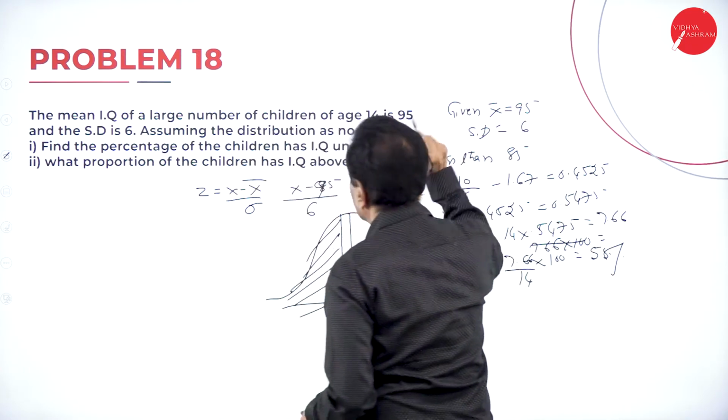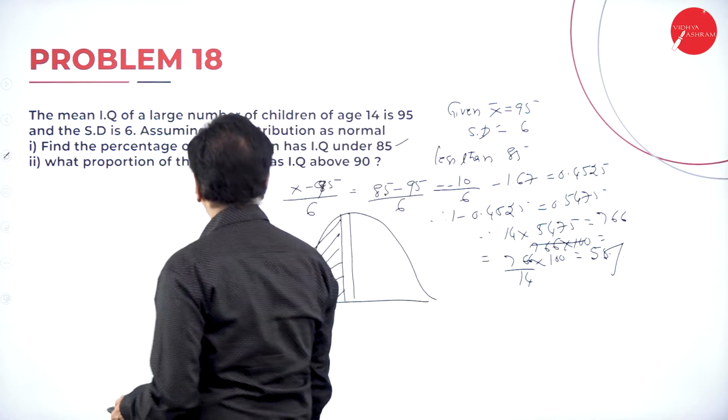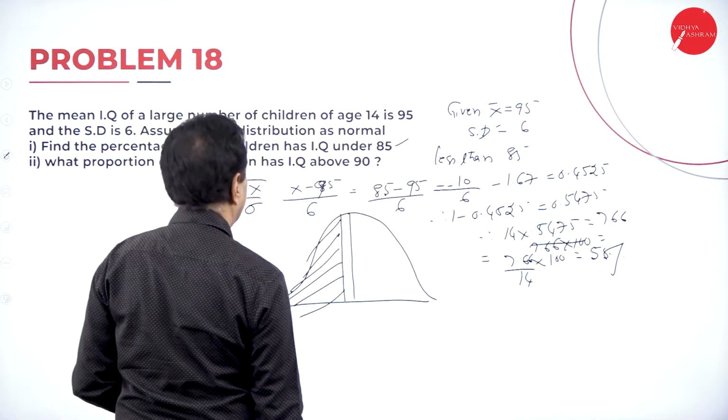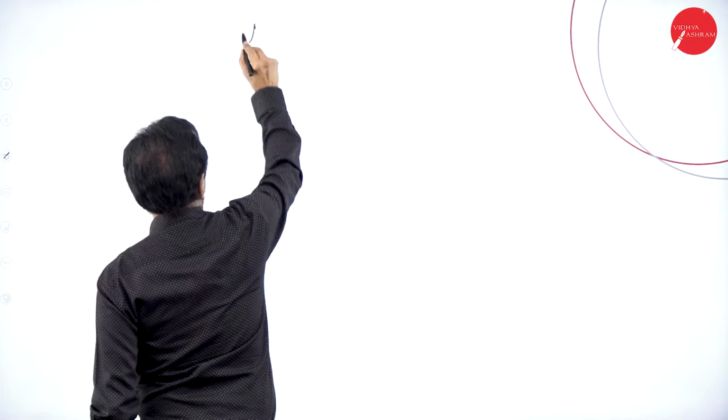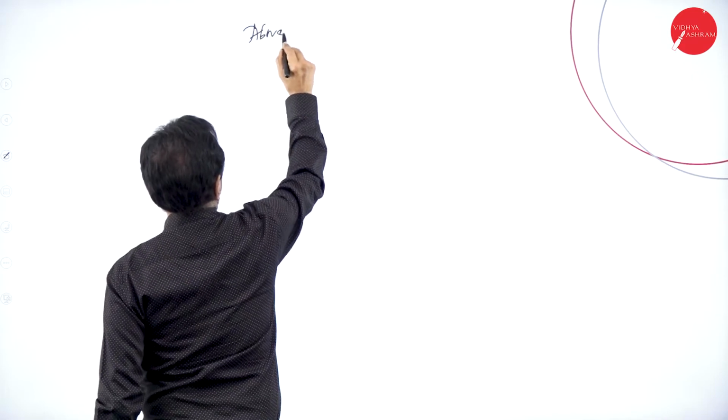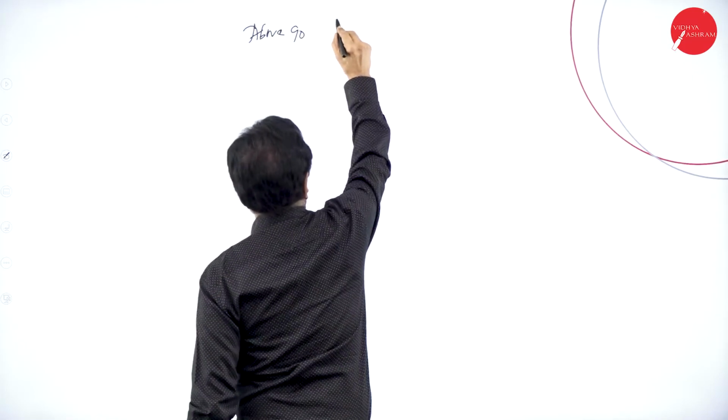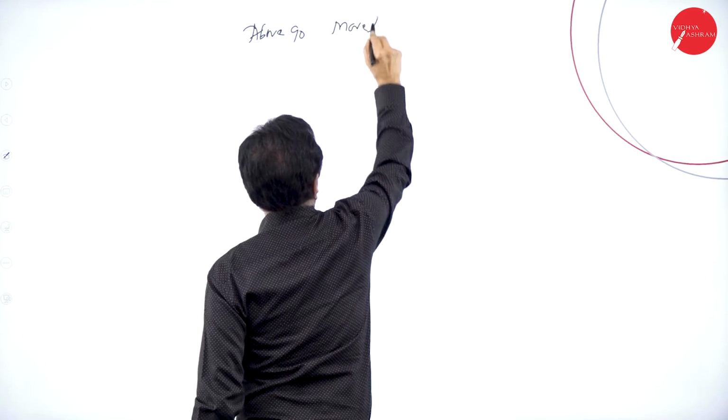So this I got. Then what portion of children have IQ above 90? Above 90 means more than 90.